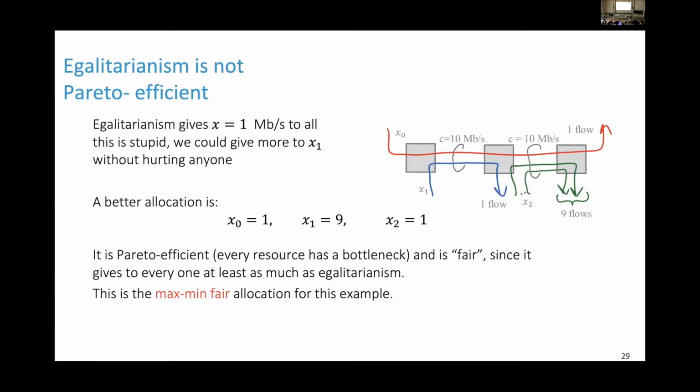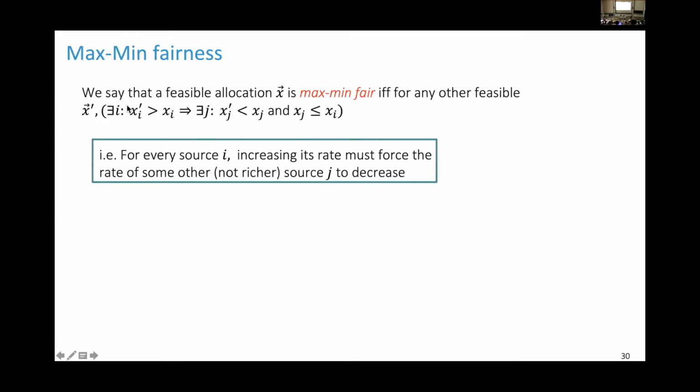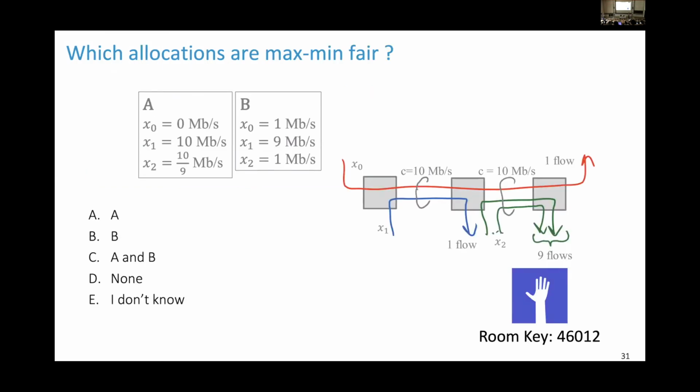So we defined the first definition of fairness: max-min fairness. We say an allocation is max-min fair if any increase is at the expense of a decrease from someone that is not richer. So if you want to give more to someone, you should not take from someone that is poorer, because that contradicts fairness.